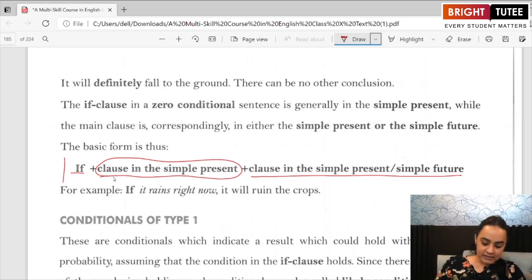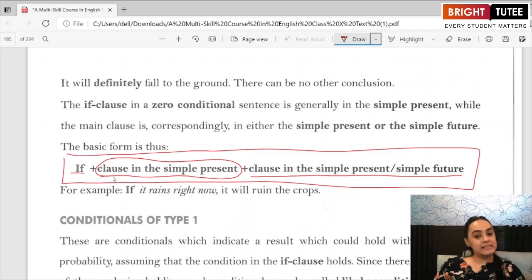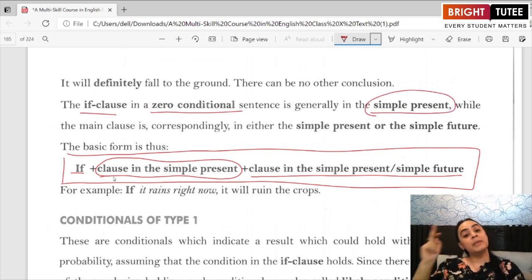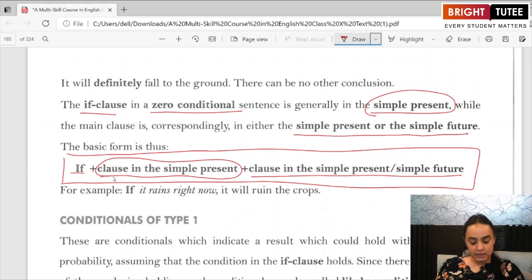So this is the basic structure of the conditional sentence. The if clause in a zero conditional sentence, as I told you, is written in the present, while the main clause, which shows the outcome or the result, can be written in the present or the simple future.